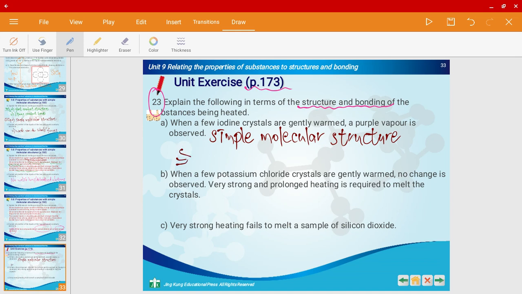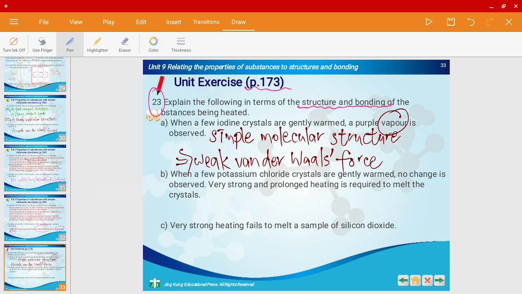And what bonds are present there for a simple molecular structure? Yes, there are weak van der Waals forces. So hence why just by gently warming it, vapor is being observed.